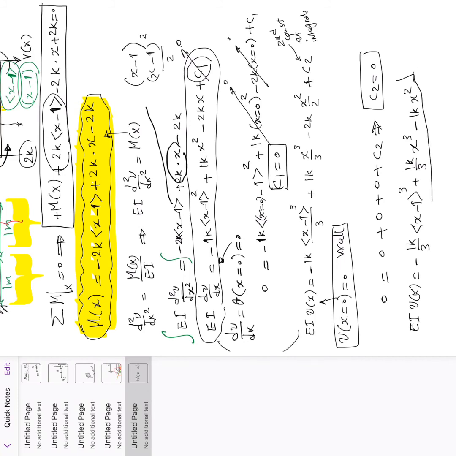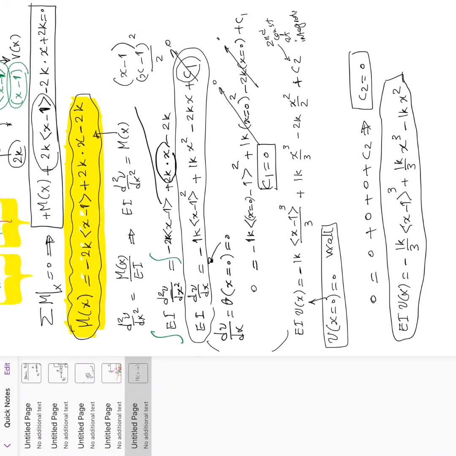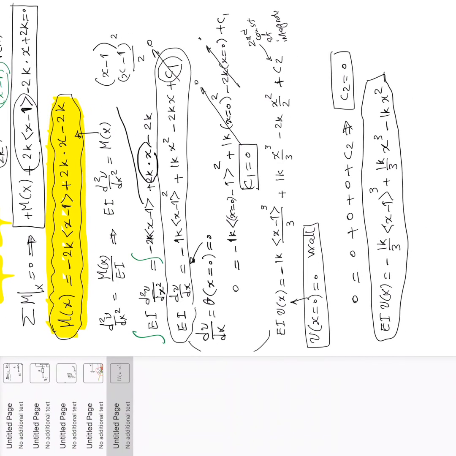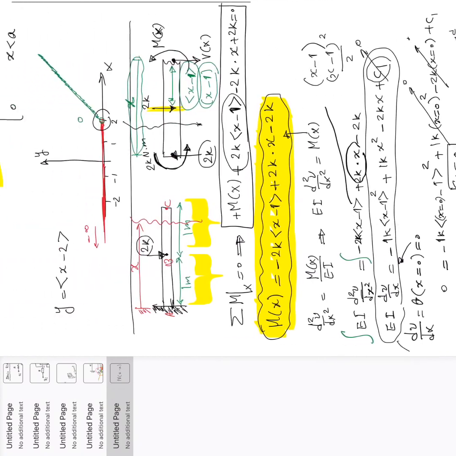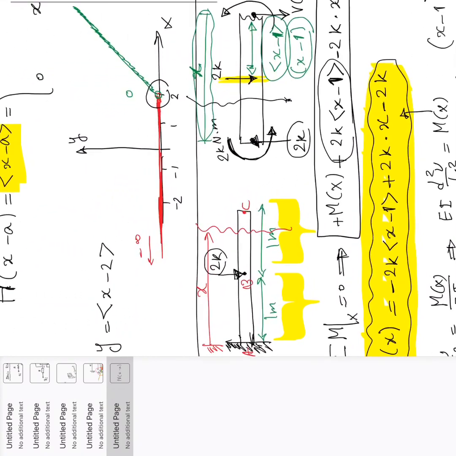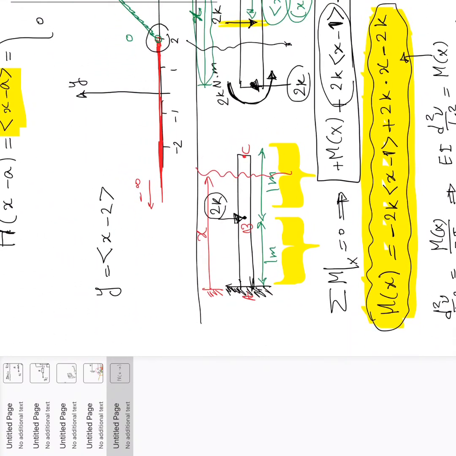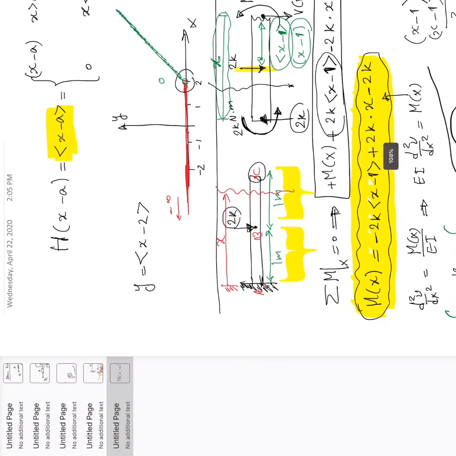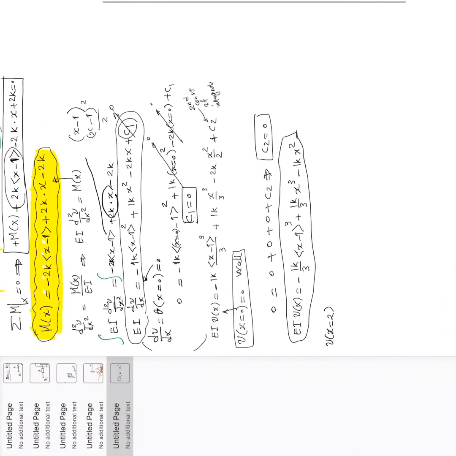So that's my equation of deflection for the neutral axis. It's a cubic equation. Now the objective was to find the deflection, or v at x equals 2, at the end of the beam. The x location of point C, or the end of the beam, is 2, right? So substitute x equals 2 there.